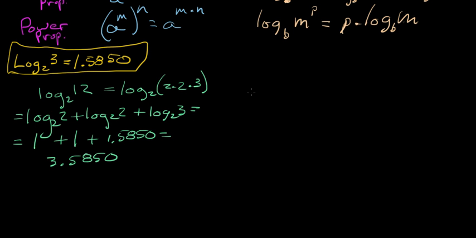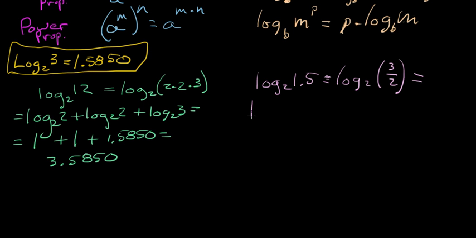This one says log base 2 of 1.5. So how can I use log base 2 of 3 to solve this? Well, 1.5 is 3 divided by 2, isn't it? So this is actually log base 2 of 3 divided by 2. 1.5 is equal to 3 halves. So why does that help me?